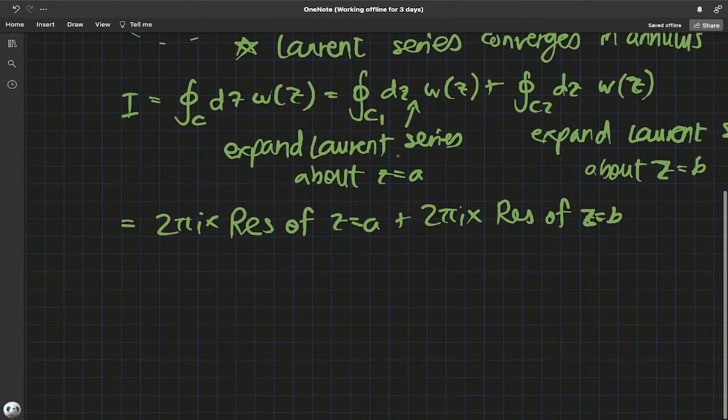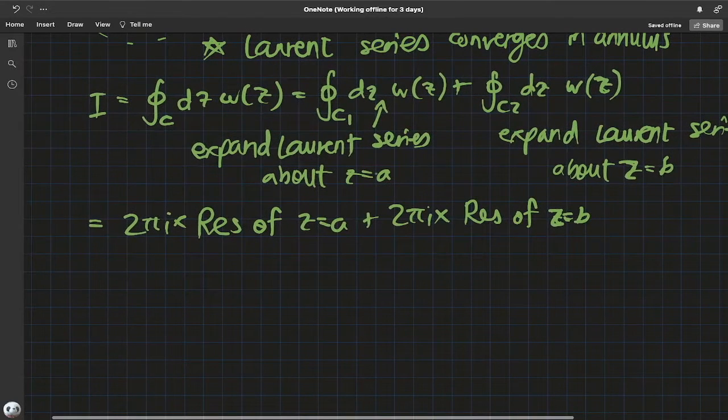Since we are taking different Laurent series expansions around different points, it makes sense that the residue is also going to be different.